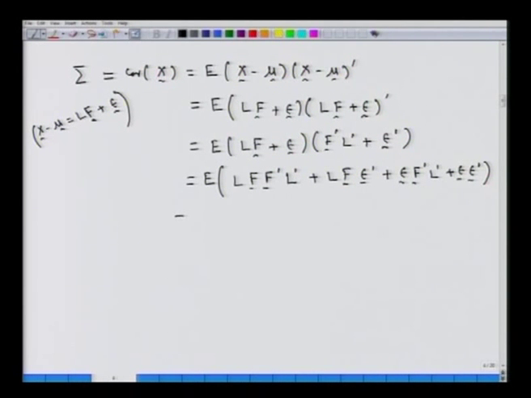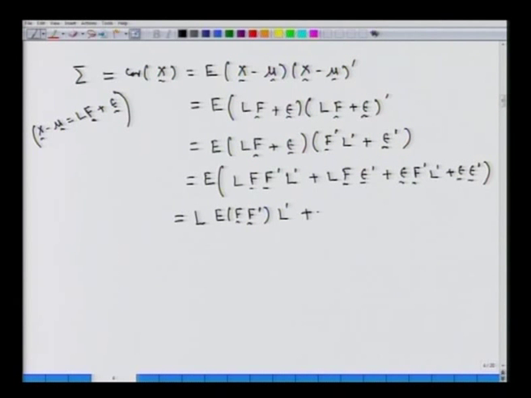Now, we take the expectation inside. Remember that L and L transpose are both matrices of constants, and hence the expectation can be taken inside. This is the stochastic part here. So, we take the expectation straight inside. So, what we have is expectation of F F transpose times L transpose.